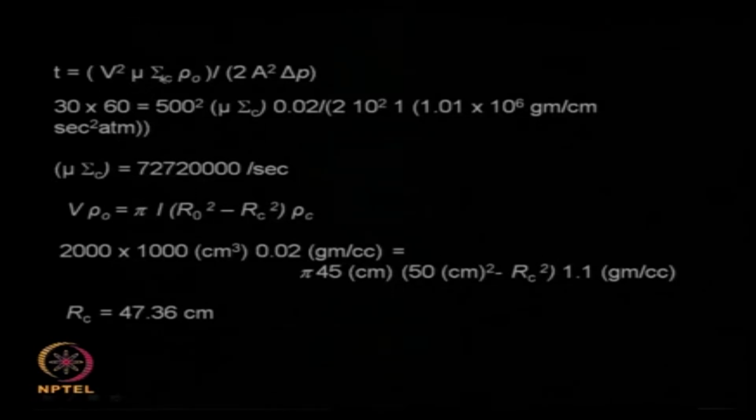Now these two are unknown, and rho naught is given as 0.02.